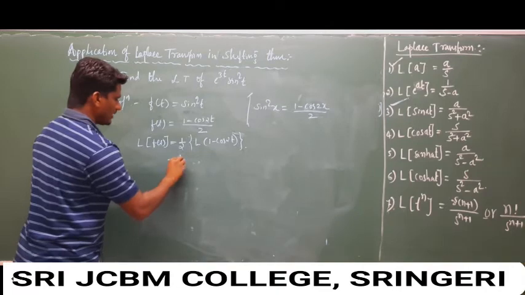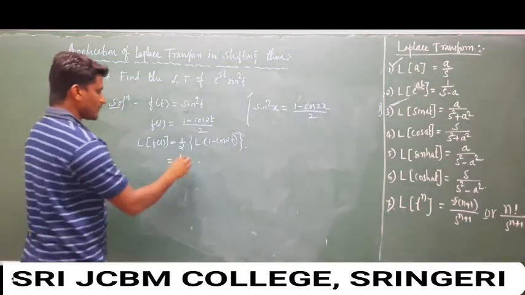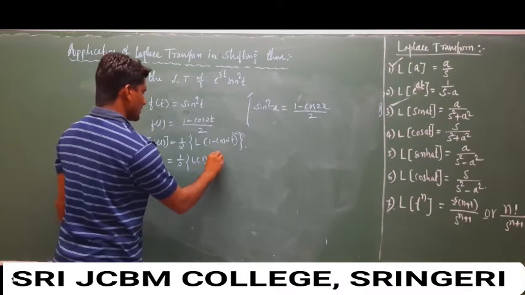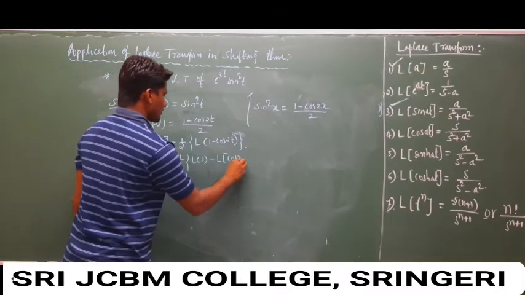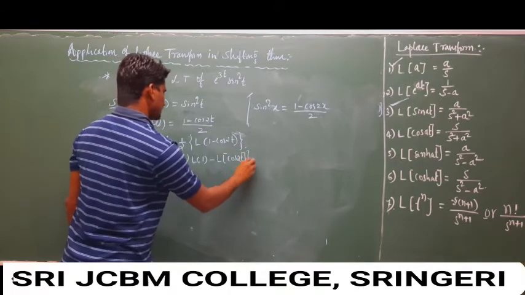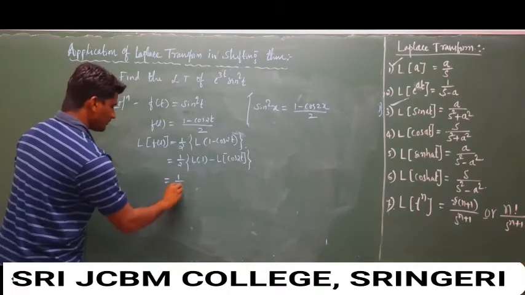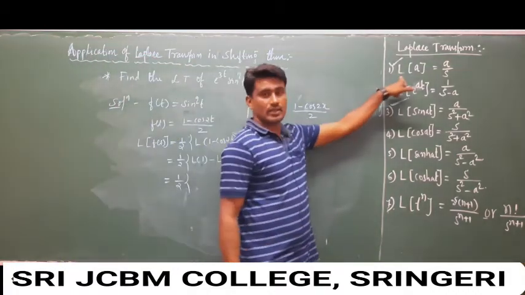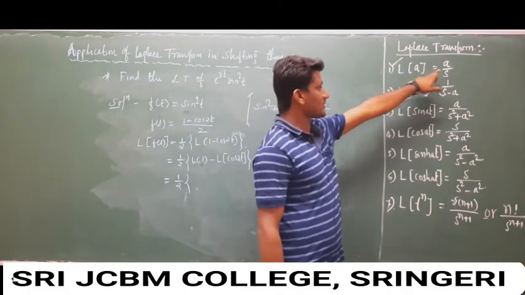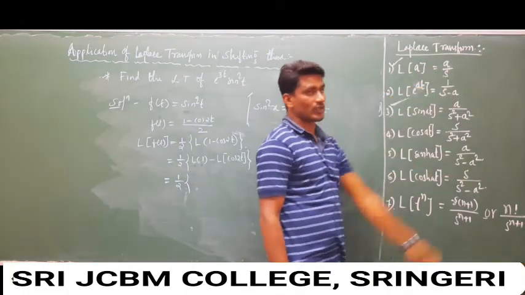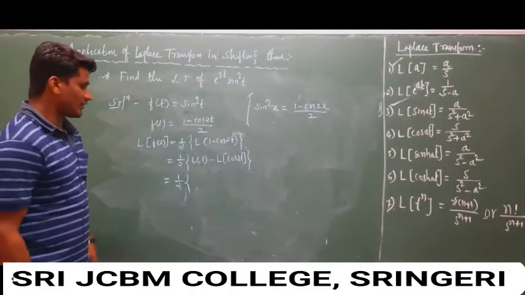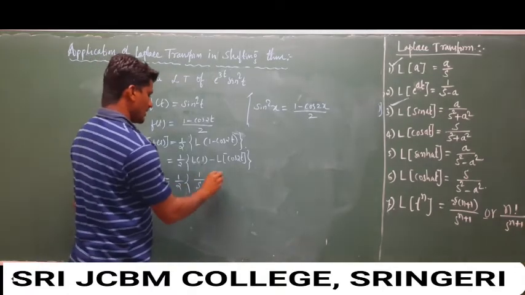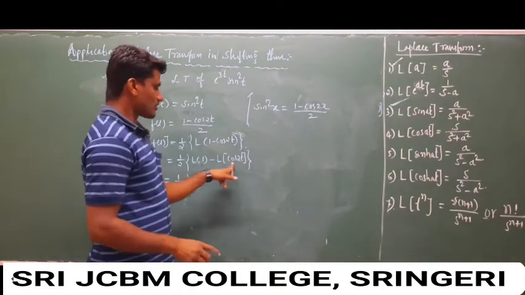Now by the linearity property, it is the Laplace transform of 1 minus the Laplace transform of cos of 2t. We know that the Laplace transform of any constant a is a over s. Here a is 1, so we write 1 over s, minus the Laplace transform of cos of 2t.